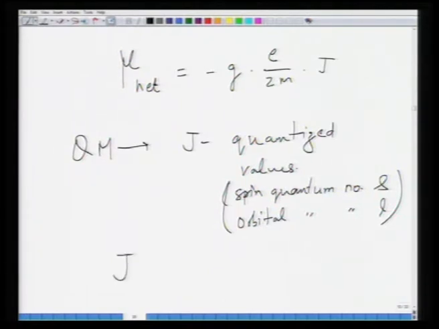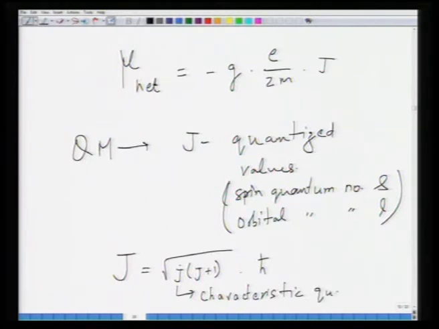and this J, capital J, is given as small j multiplied by small j plus 1, under root of the whole thing, multiplied by h cross, and this small j is nothing but a characteristic quantum number, which is equal to S when the spin magnetic moment dominates, and it's equal to L when the orbital magnetic moment dominates.